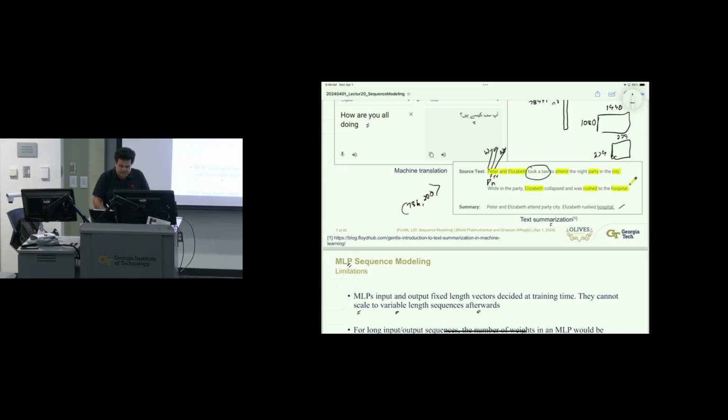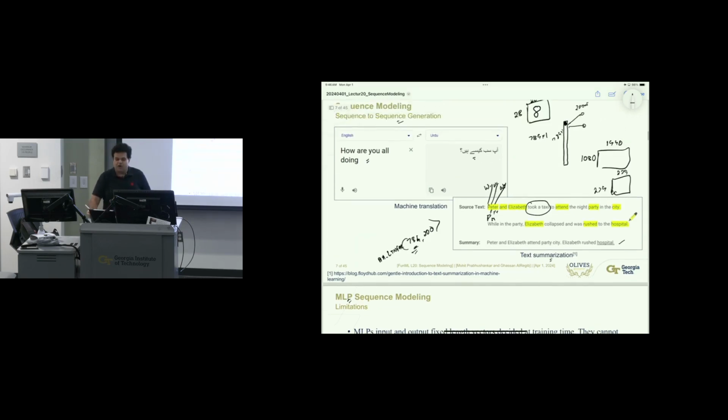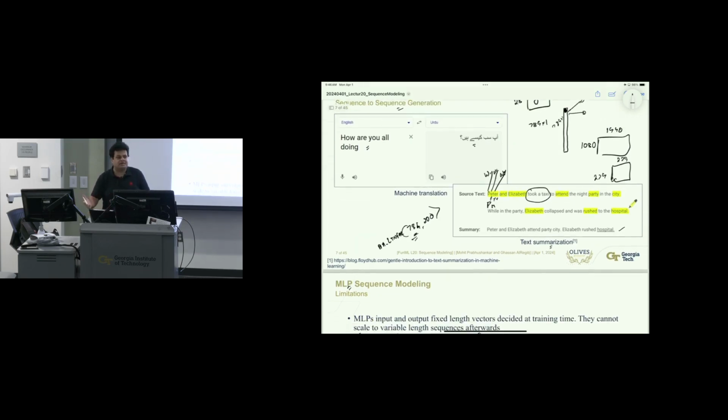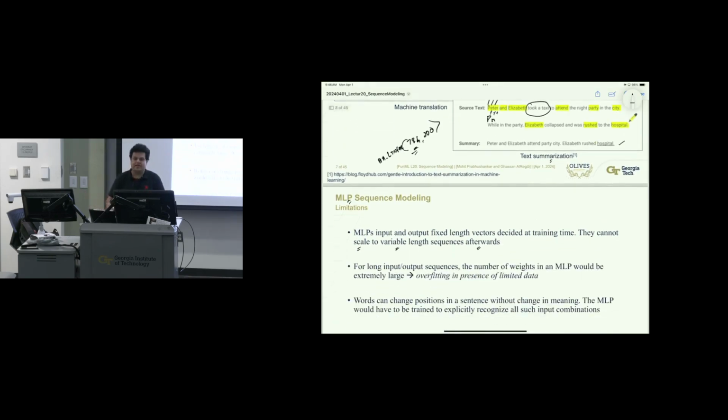You design something called an nn.Linear, and this is essentially your MLP, at least the first layer. To do this, you need to know the 784, but you're not afforded that opportunity in language because you'll never know how long a sentence is going to be, right? There are also different ways of saying the same sentence, in an active voice and a passive voice. And that's why you cannot think of MLPs as a possibility when we are discussing these kinds of sequence models.